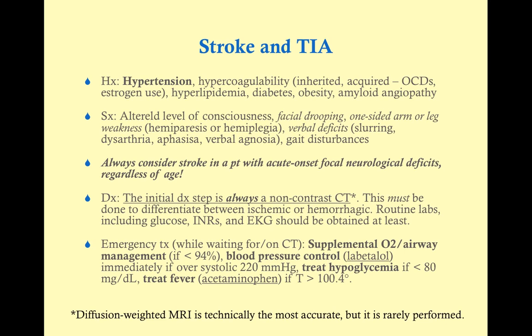We also need to have routine labs, particularly including glucose and the INR. That's because if the patient has an ischemic stroke, one of the possible ways we can treat them is TPA, alteplase. And in order to use TPA, one, it has to be an ischemic stroke, obviously. Two, they need to have a normal INR.